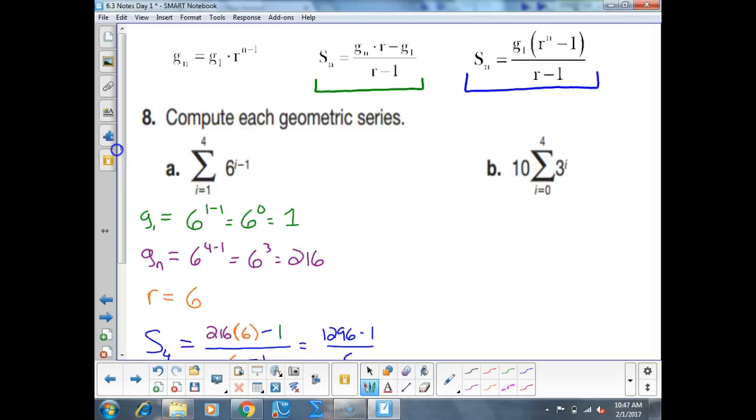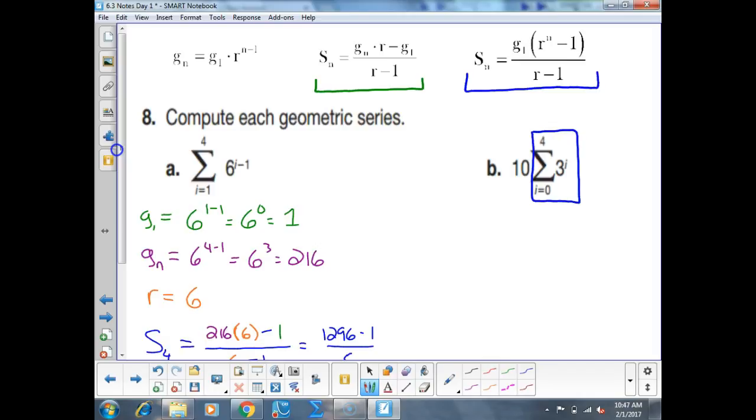Do we add it? Do we subtract it? Do we multiply it? Do we divide it? Do we ignore it? What do we do with it? I would hold off and wait. I would just do this part first.